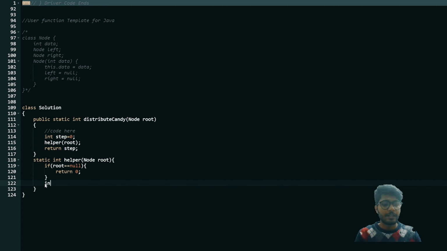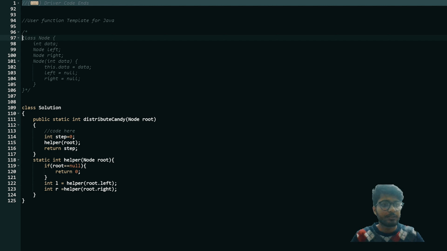For that, let's create two variables: int left l equals helper, and we pass the left node of the tree, that is root.left, and int right r equals helper, we pass the right node, that is root.right.